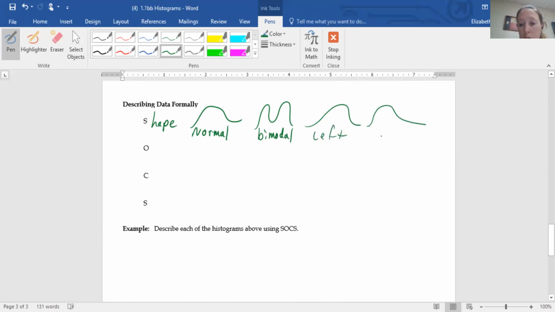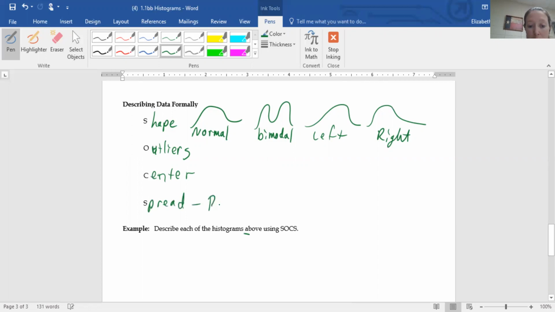Remember on the skewed, we look at the tails. So we can describe the shape of our graphical data in many different ways. O talks about outliers, O-U-T-L-I-E-R-S. C is the center, where is the center of all of our data. And S talks about the spread.